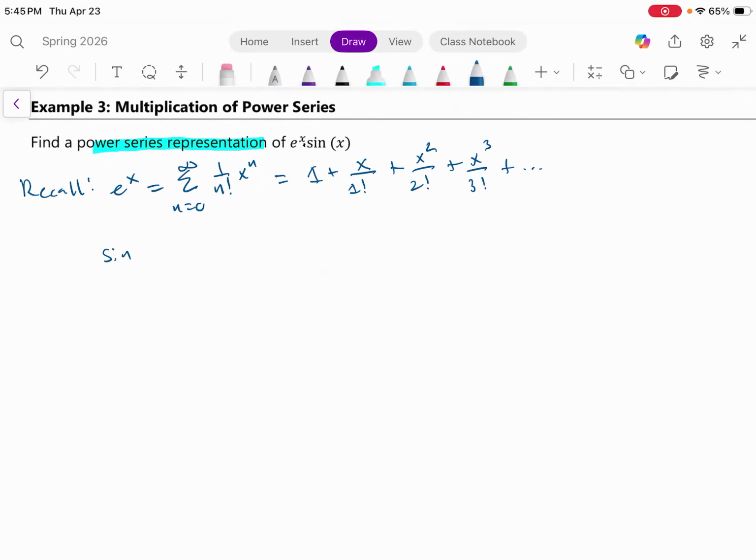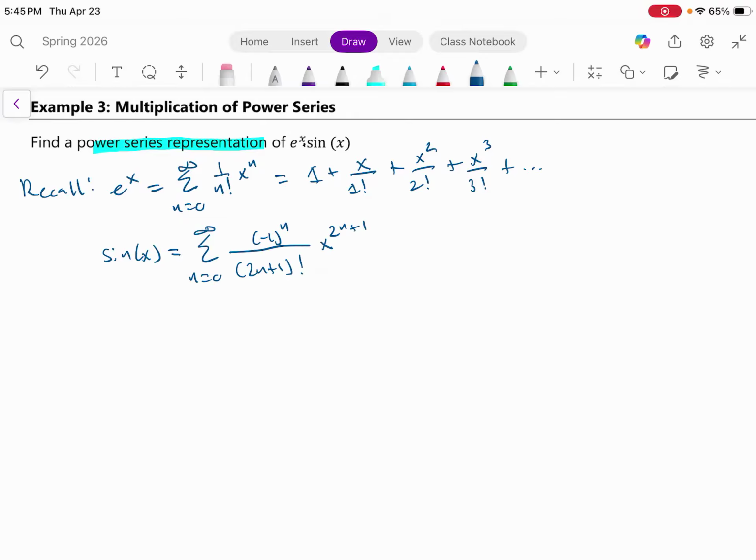And sine of x is the series starting at n equals 0 of negative 1 to the n over 2n plus 1 factorial, times x to the 2n plus 1.